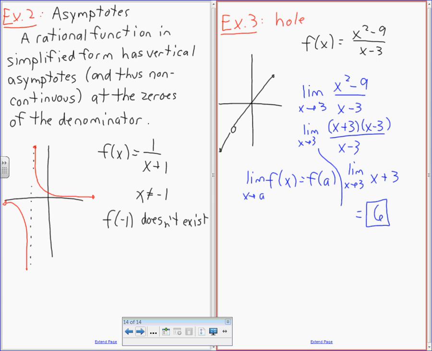So the problem here is the limit exists. The limit as x approaches 3 of f of x has to equal f of a. Well, the limit equals 6, but f of 3 is undefined. If the limit is at x equals 3, shouldn't the dot be shown at 3, not negative?